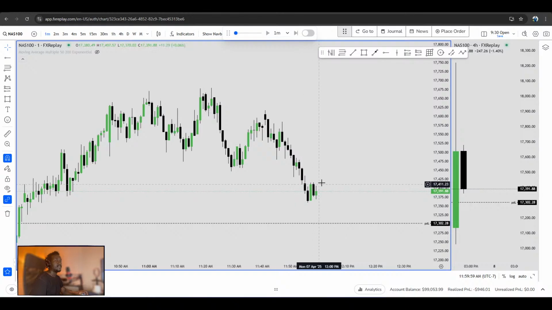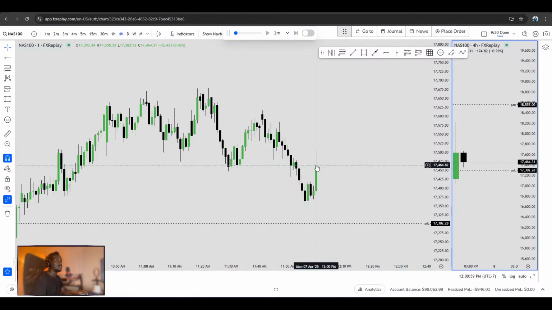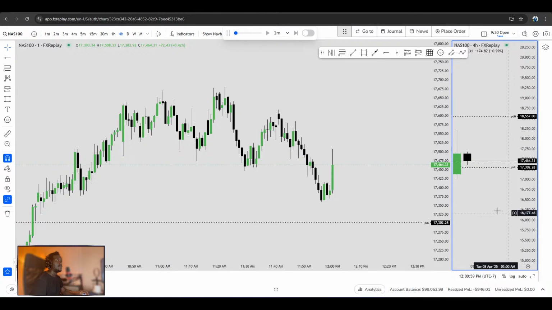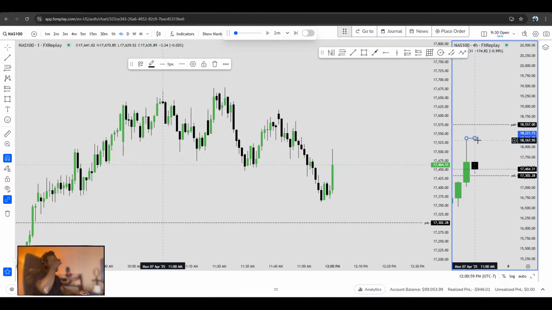That's the 1 minute, whatever, 1 minute. We open up the new candle, so that's 12 p.m. and then we mark the previous 1 hour high. And honestly, I don't think I need both sides now. I don't need both sides.